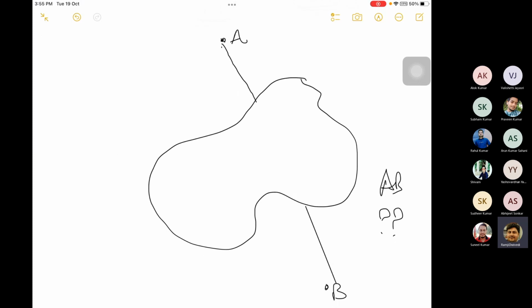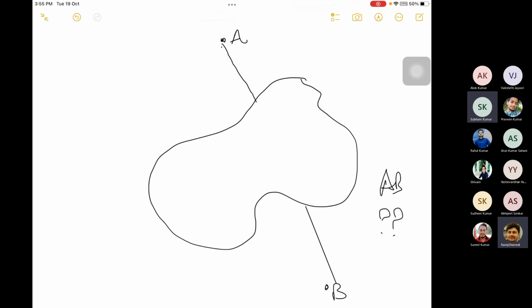Tell me, Shubham. Yes, sir. Tell me how you will do it. If we consider a point C somewhere, with an instrument we can measure the distance.